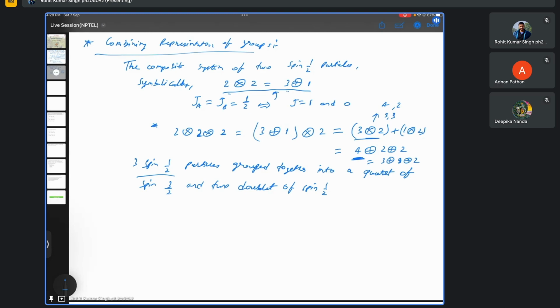But the problem is this is kind of redundant, so this will give you two spin 1 triplets, right? -1, 0, 1, and then again -1, 0, 1.